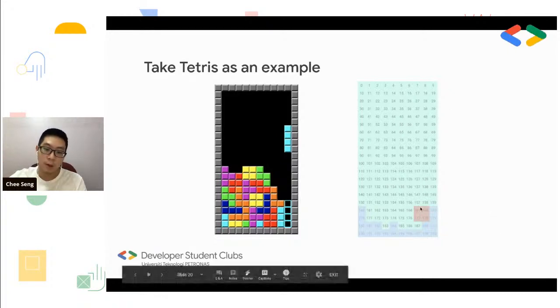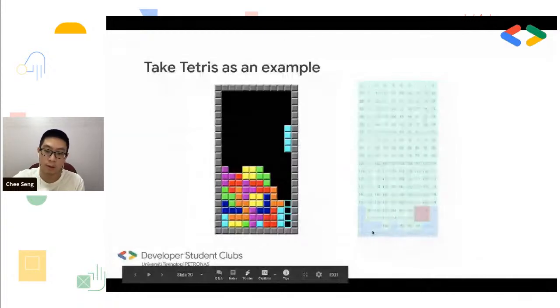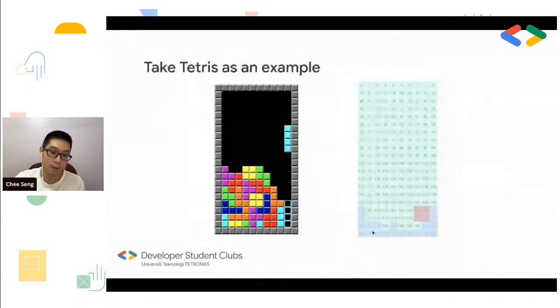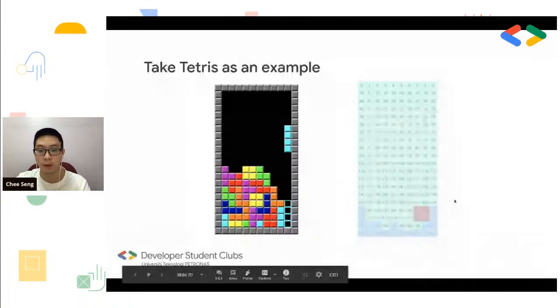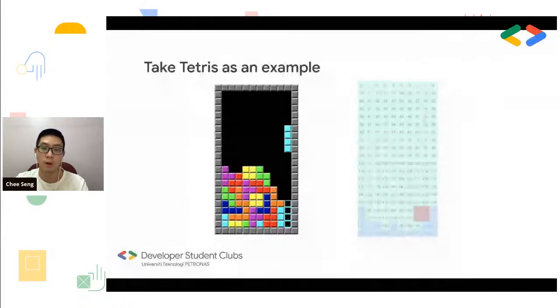For example, the blue ones are the ones that have already been stacked, and how does the incoming one interact with the stacked ones? It doesn't just go off the grid and overflow. It needs to stack up and then be replaced. So there's a lot of different thinking that goes into it when you're a front end engineer.